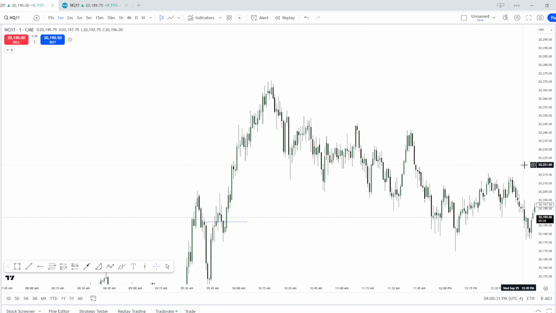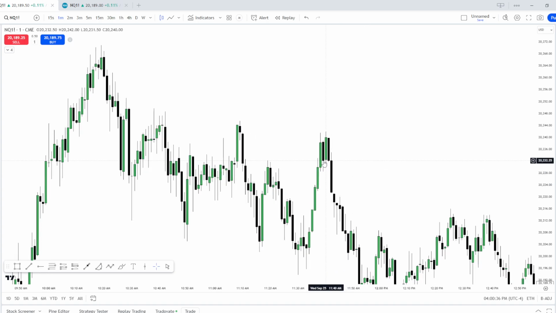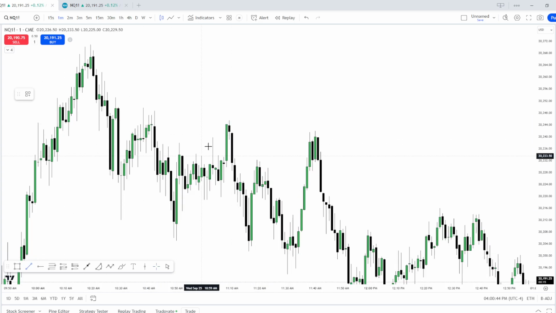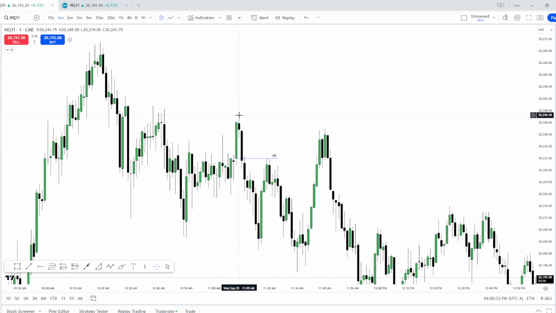Same with a bearish example. Let me show one of those. Right here, we had this candle up before we had this big drop down. This would be classified as our bearish order block, because the opening price of this move up created this move down and got closed underneath.